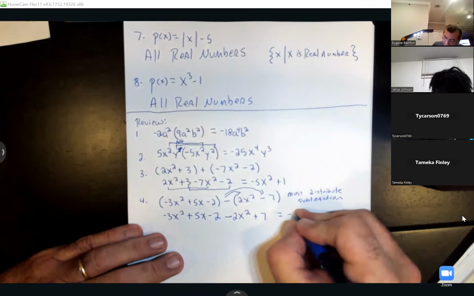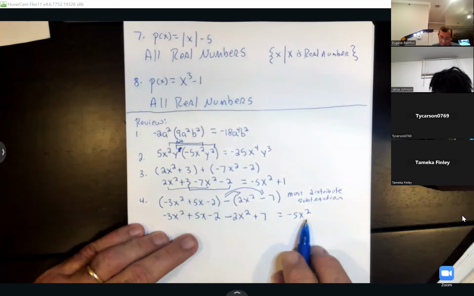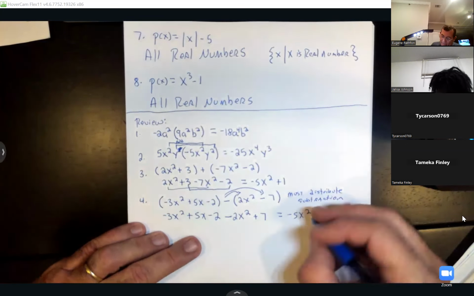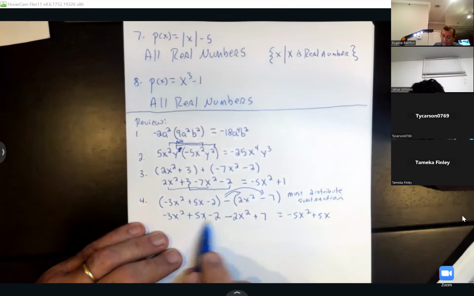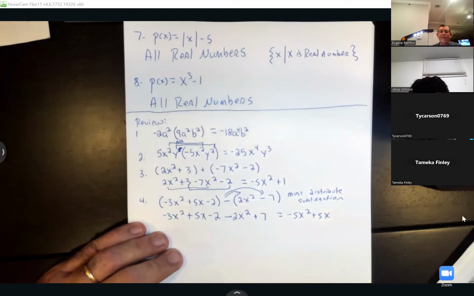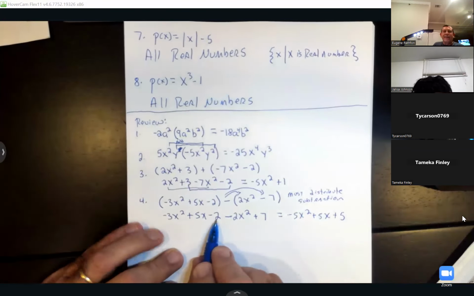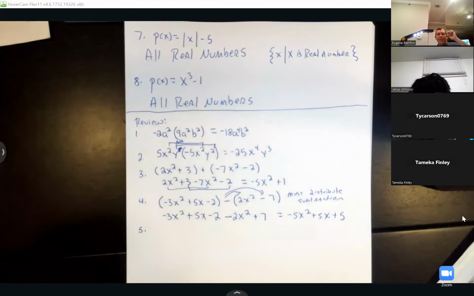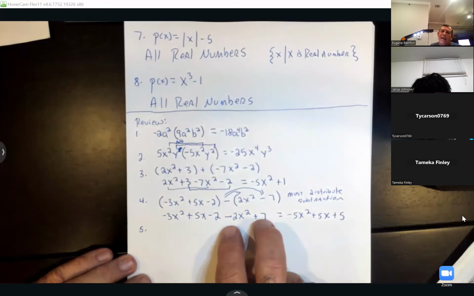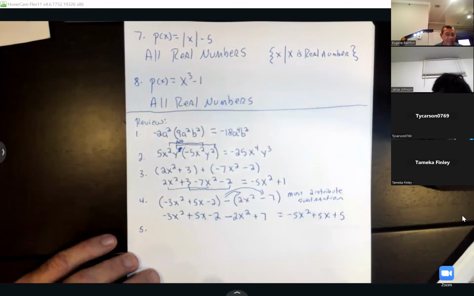Negative 5x squared, plus 5x because there's a 5x and nothing else to add to, plus 5. And then you got the 5 because of the 7 and the negative 2. So good job. Just watch out when we start subtracting, these things come Wednesday. We always want to distribute that subtraction.